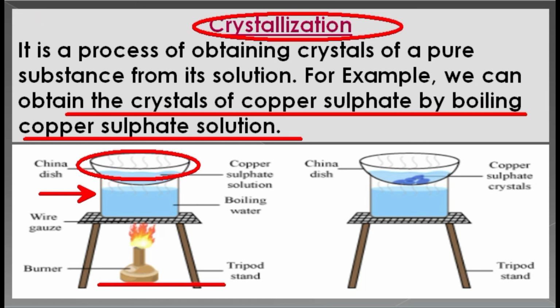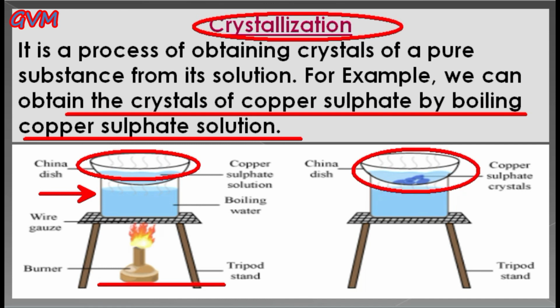So students, as soon as the water starts boiling, due to the heat of the boiling water, the china dish also starts heating, due to which the copper sulfate solution is also heated.